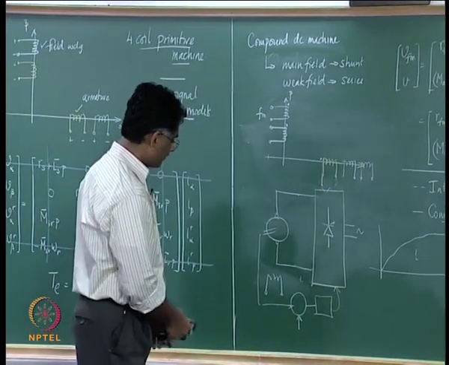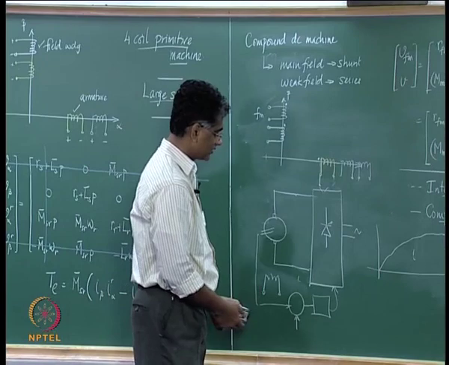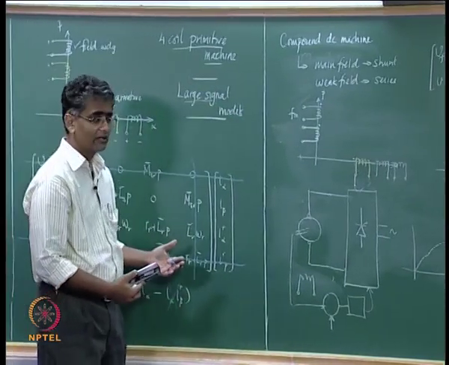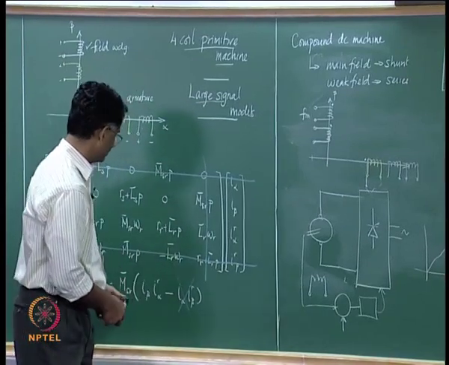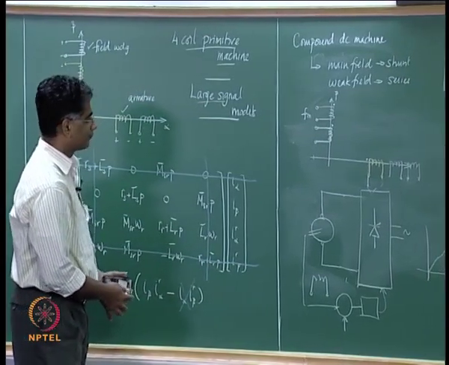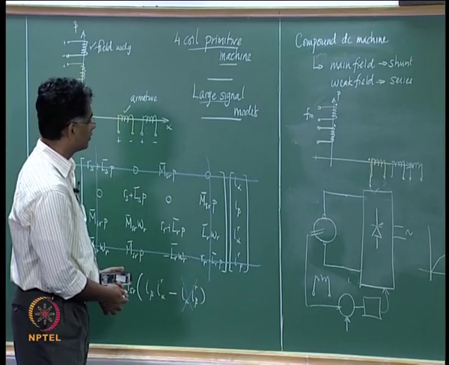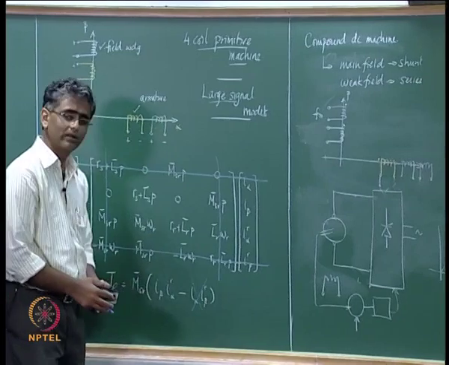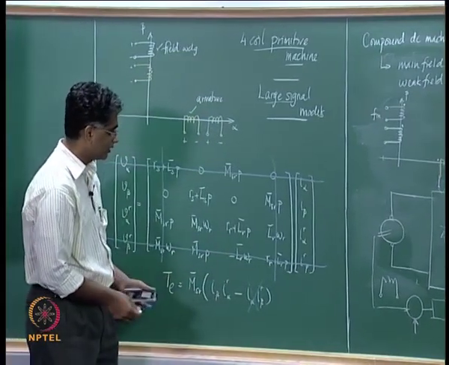Another advantage of this small signal model is that one can use this to get a linearized description of this machine. Now, if you look at the equations for the DC machine, you will find that they are not really linear equations. Why are they not linear?